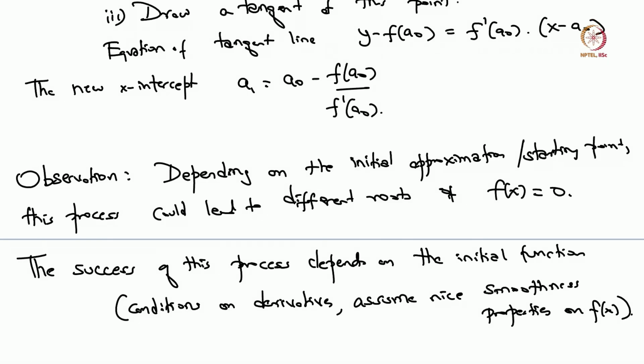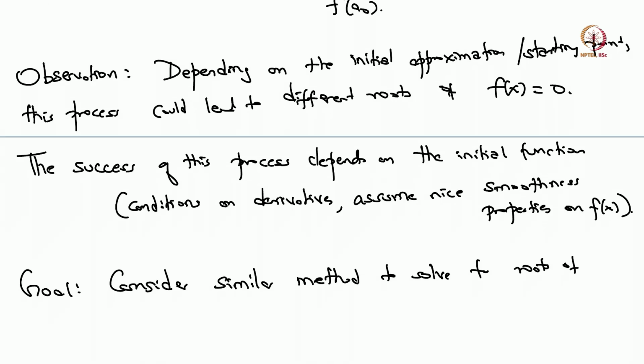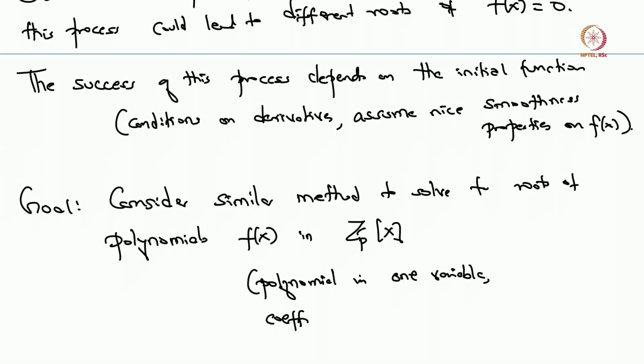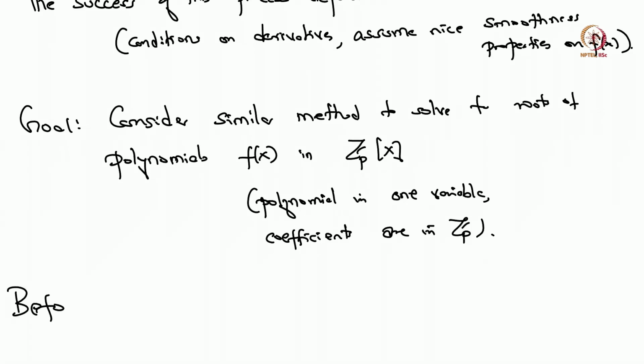So this is the Newton-Raphson method, and our goal is to consider a similar method to solve for roots of, well, I won't consider a general function, I'll just consider polynomials f of x, a polynomial in one variable where the coefficients are in Z_p, the p-adic integers.